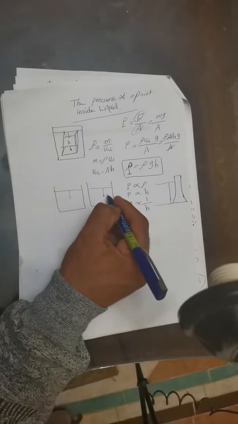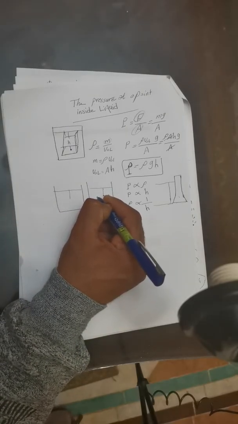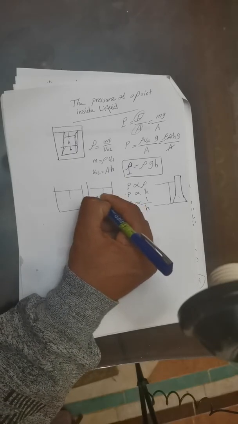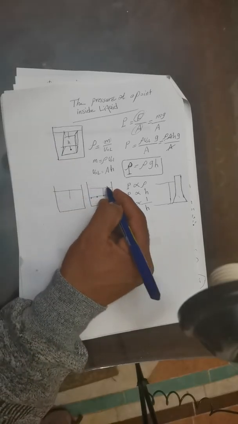This means the fluid which has more density has less depth to give the same pressure. But all points in the same fluid at the same horizontal level have the same pressure. Okay?